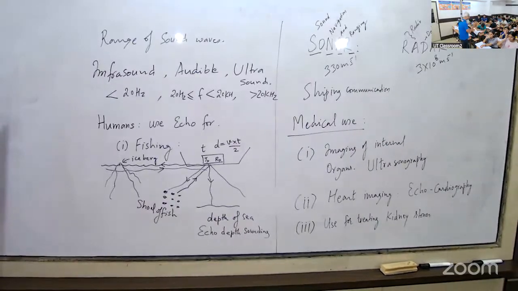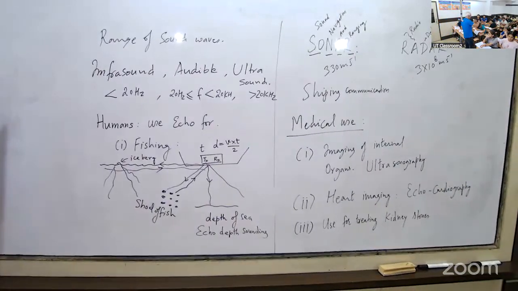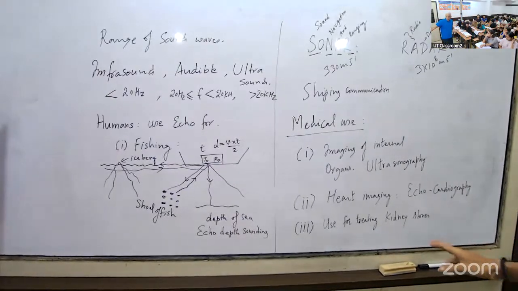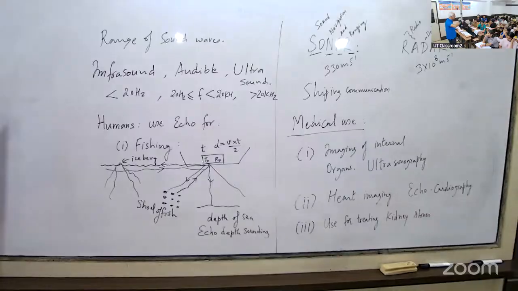So this is to avoid surgery. If the stone is not too hard, using ultrasound, it can be broken. But if it has become too rigid, then no option. You have to go for surgery.